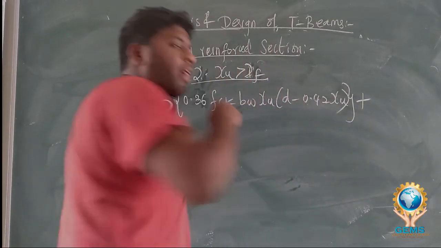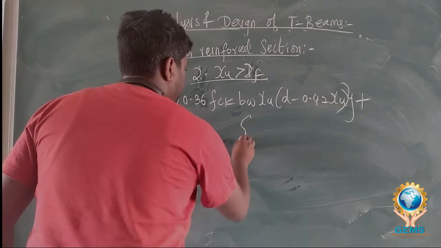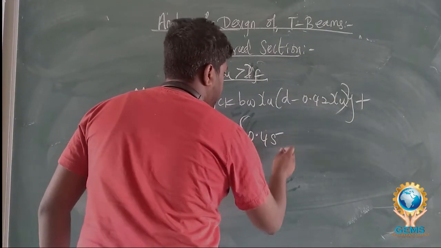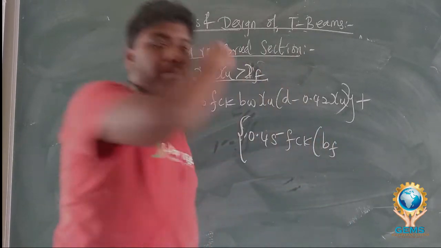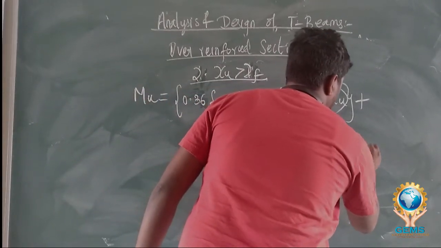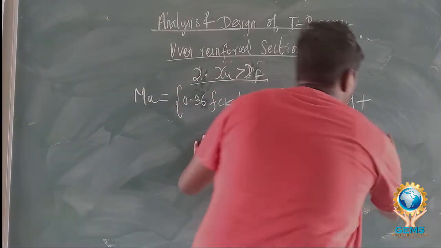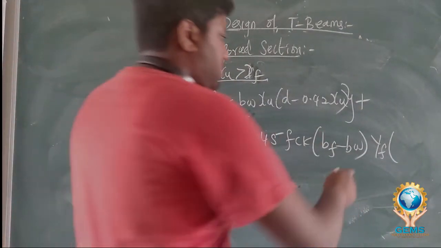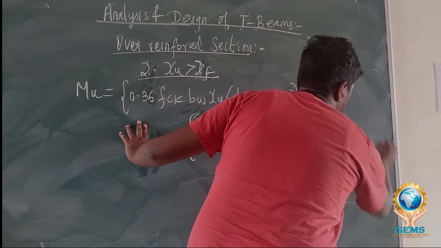plus, I will write it at the bottom, 0.45 FCK into BF minus BW into YF into D minus YF by 2.